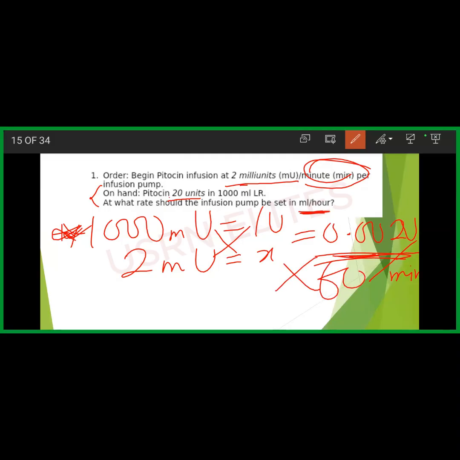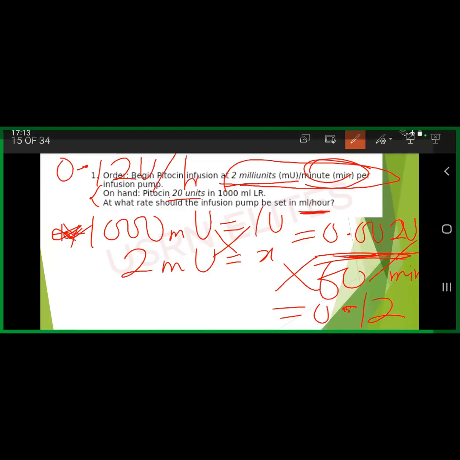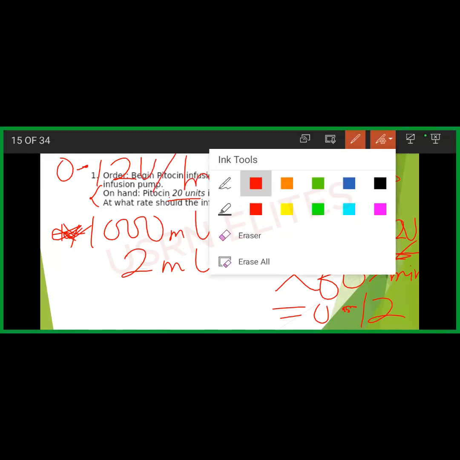So this whole rate has now changed to 0.12 units per hour. Please, do you understand? Look at it well.